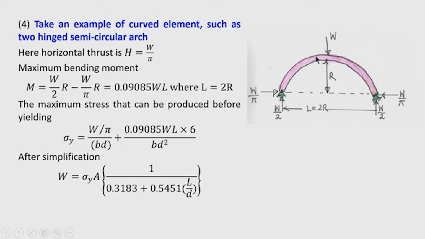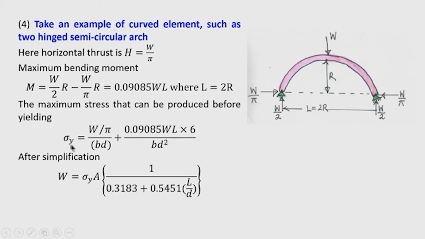So, the direct stress at the crown will be W by pi into area, where area was B into D, because we have taken a rectangular cross section, plus the stress produced due to bending. Bending moment is this maximum bending moment, 0.09085 W L, divided by the section modulus. Because it is a rectangular section, the section modulus is B D square by 6, so 6 goes into the numerator.